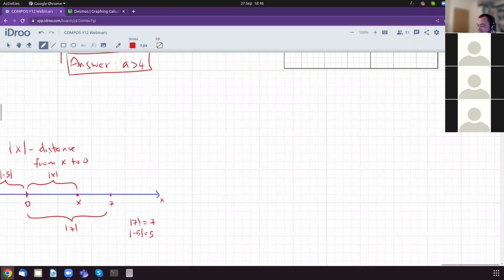Plus or minus 3, for example, is two different values, whereas modulus is always only one value. Hope that makes sense.